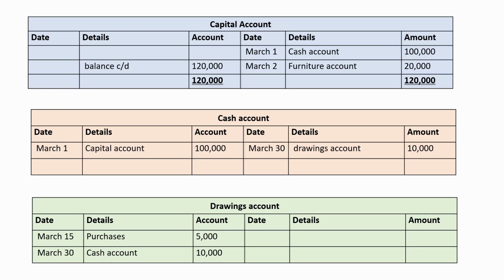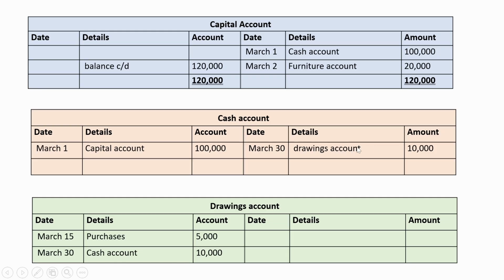So one thing you're supposed to note, once Kamau took 10,000 and used it to pay rent for his home, we don't write here rent, because that rent is not a business item. It is not a business expense. But if the rent was for business premises, we would have written here rent expense instead of drawings.